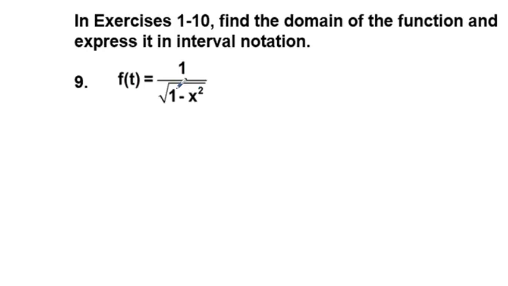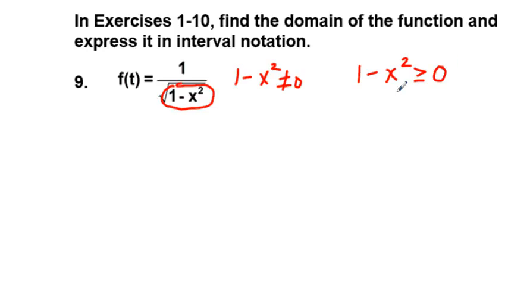So 1 minus x squared cannot equal 0. And this is due to dividing by 0. And then because we're in the radical, we also know that 1 minus x squared has to be a non-negative number, so 1 minus x squared has to be greater than or equal to 0.